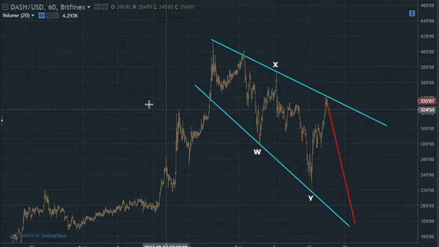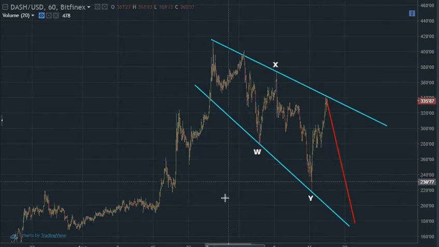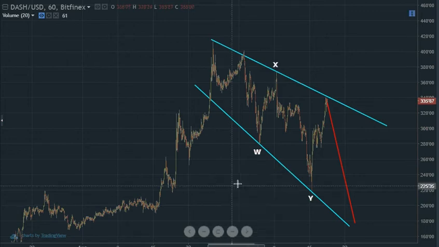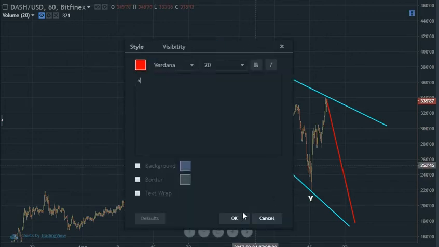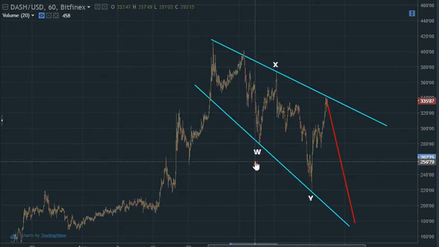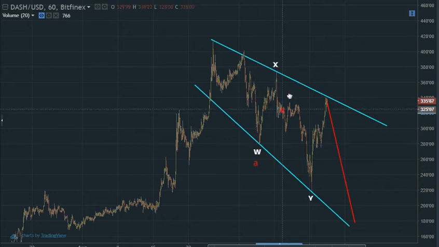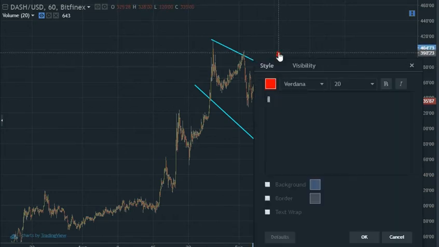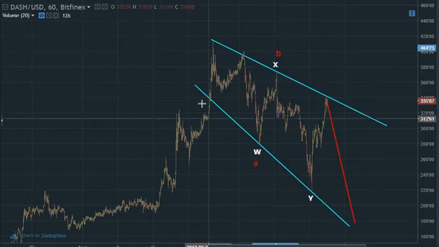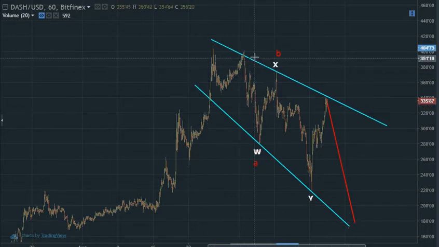So where W is A, where X is B. These are all three waves. ABC, ABC, ABC.